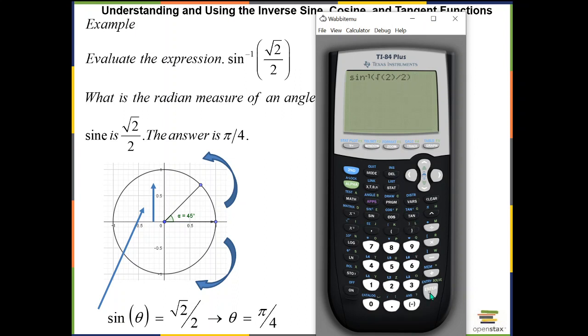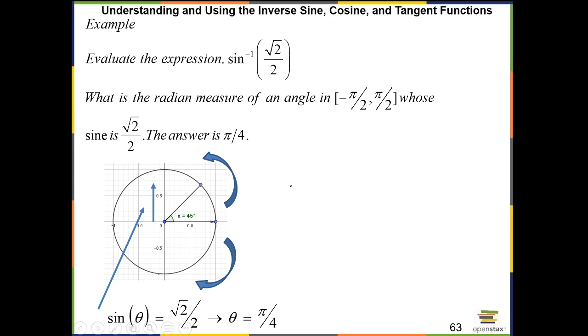You see the answer is 45 degrees. The calculator always gives you the correct answer in the right region because it's programmed to do that. It always looks in the right region for the angle whose sine is square root of 2 over 2. But some of these you can easily do by hand.